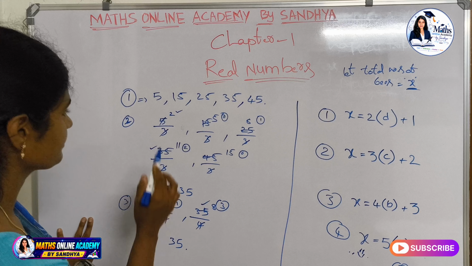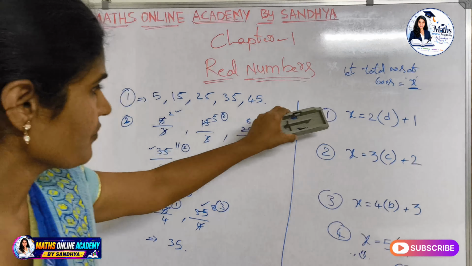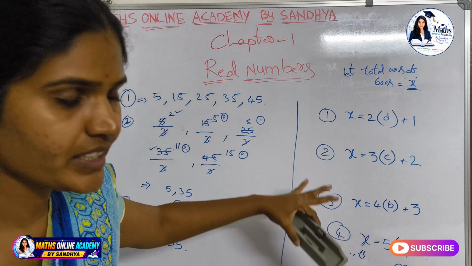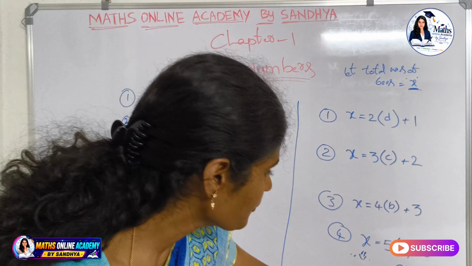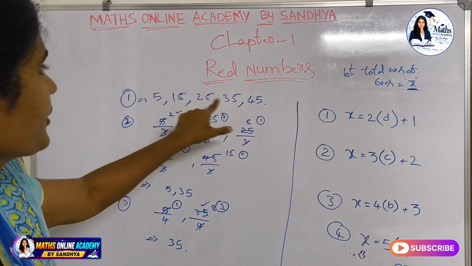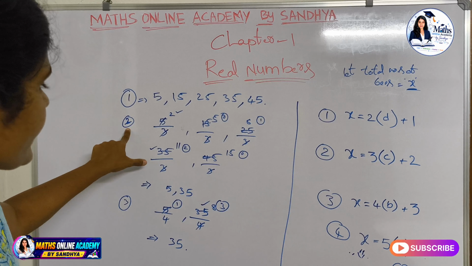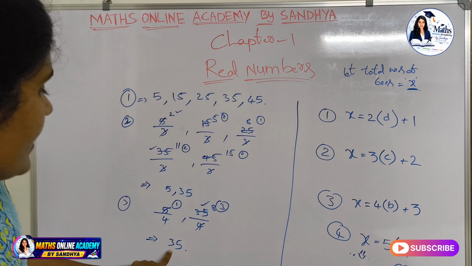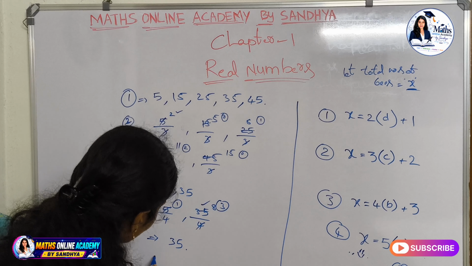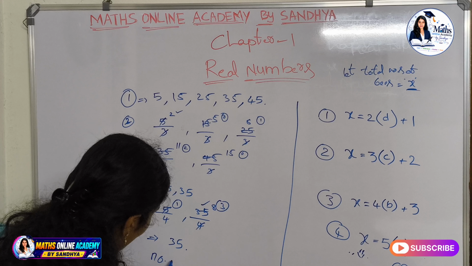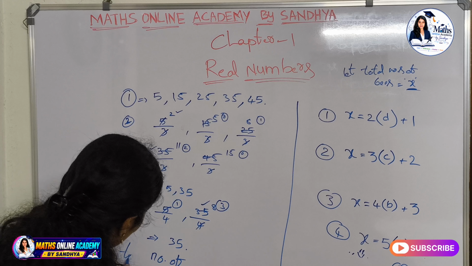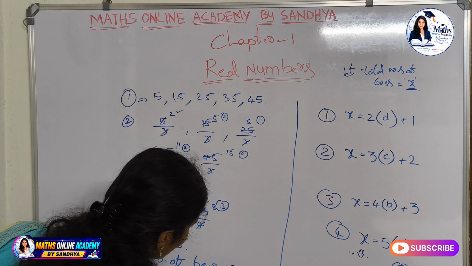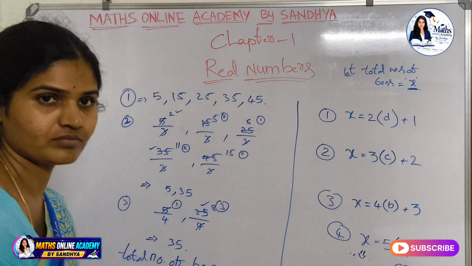So let's check. From the first condition to the fifth condition, we are filtering all numbers from 5 to 50 to become 5 to 45. In the second condition, it becomes 5 and 35. And in the third condition, the final total number of bees is equal to 35.